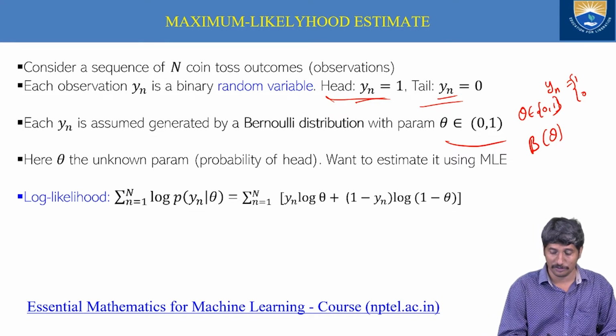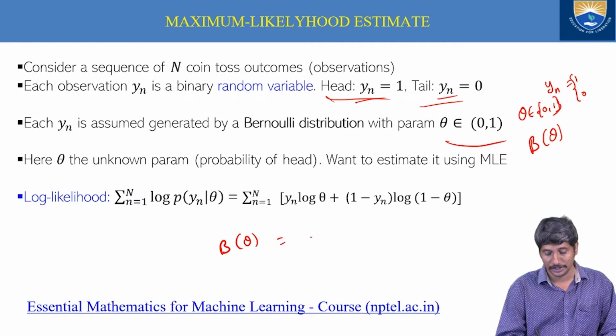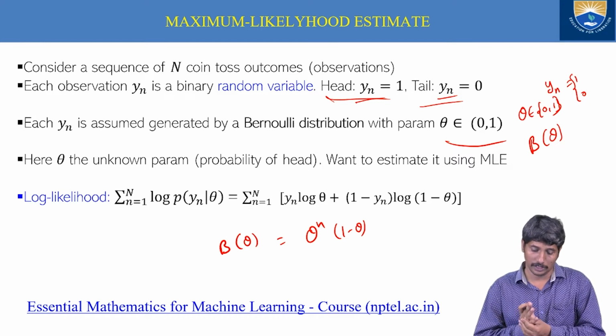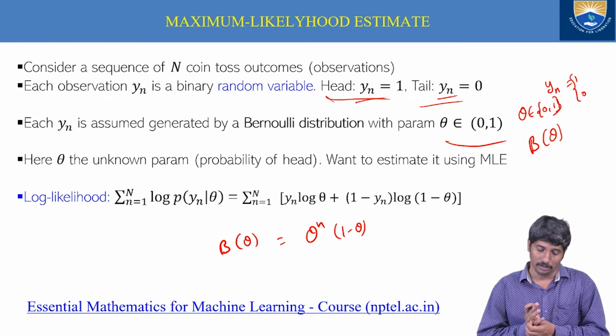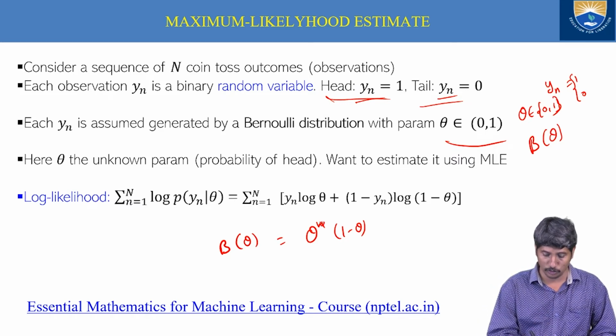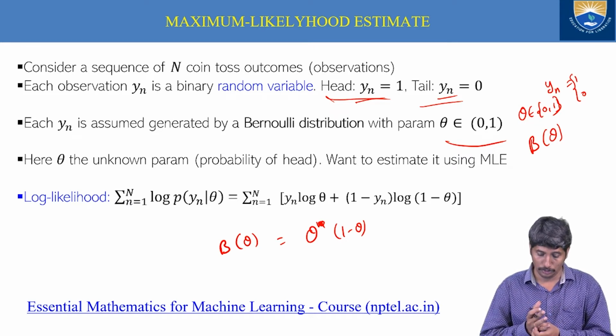First, let us start with what is the Bernoulli distribution. The Bernoulli distribution is theta power n into 1 minus theta power, or theta into 1 minus theta. You could write it as only one trial we are considering, theta into 1 minus theta.